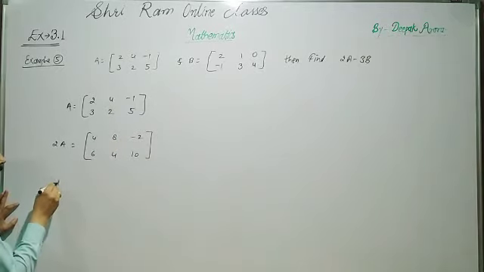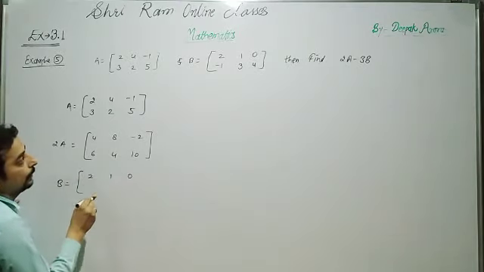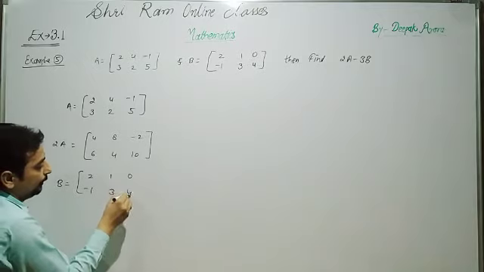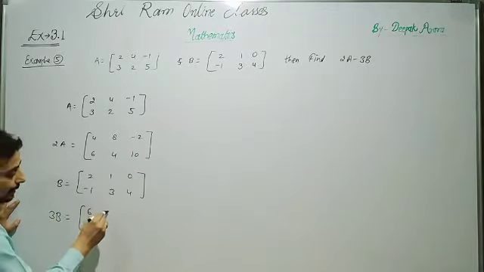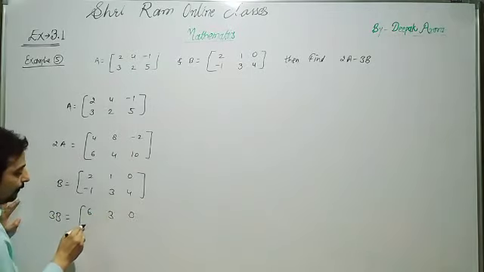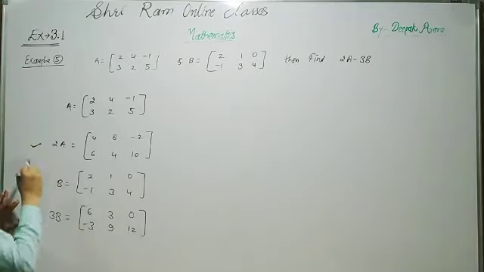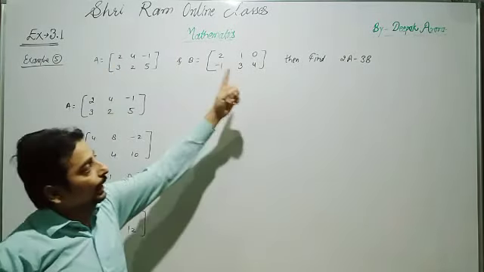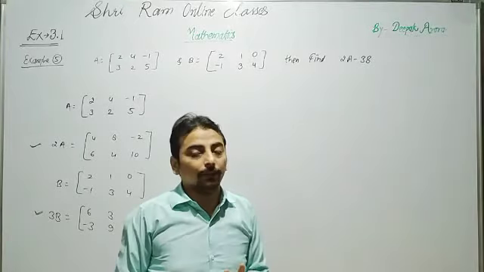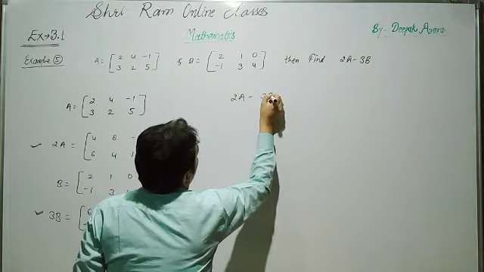Similarly, the value of matrix B is 2, 1, 0 and minus 1, 3, 4. Then the value of 3B is 6, 3, 0 and minus 3, 9 and 12. We have found the values of 2A and 3B. Now according to the question, A is this, B is that, and find the value of 2A minus 3B.